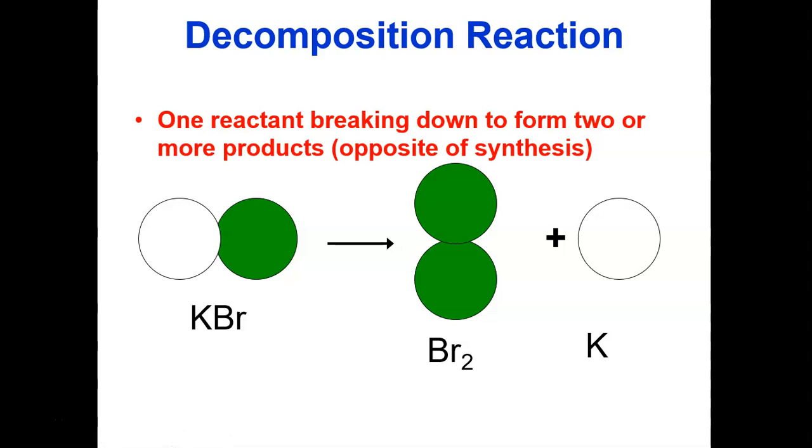With decomposition reactions, anytime you're predicting the products, you can assume it just breaks down into its elements. The only trick here is that you have to remember when you have a diatomic molecule that you have to write it with a 2. Everything else that's not one of those 7 diatomics, you just write the element symbol as is. So KBr would break into Br2 plus potassium.